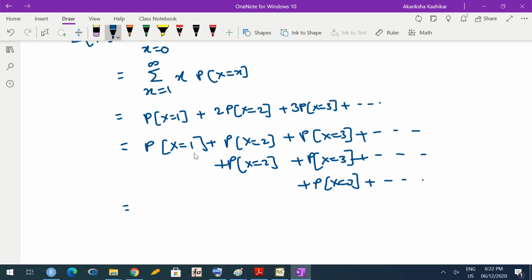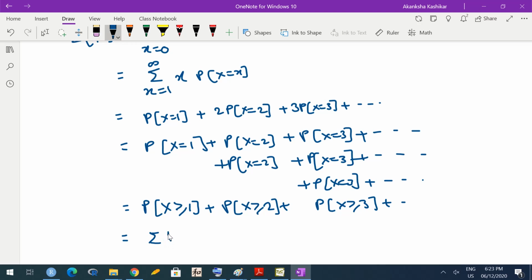The first row is simply the addition of probability of X equal to 1, X equal to 2, etc. So the entire first row is probability of X being greater than or equal to 1. Similarly, the entire second row becomes probability of X being greater than or equal to 2, the entire third row becomes probability of X being greater than or equal to 3, and so on. So this means that expectation can be written as the sum of probability of X greater than or equal to x, where x goes from 1 to infinity.